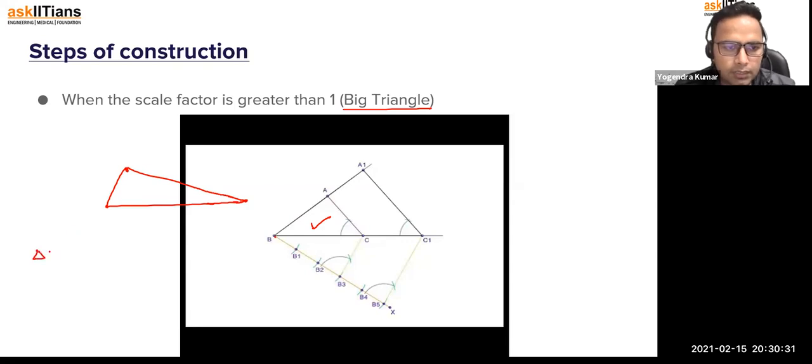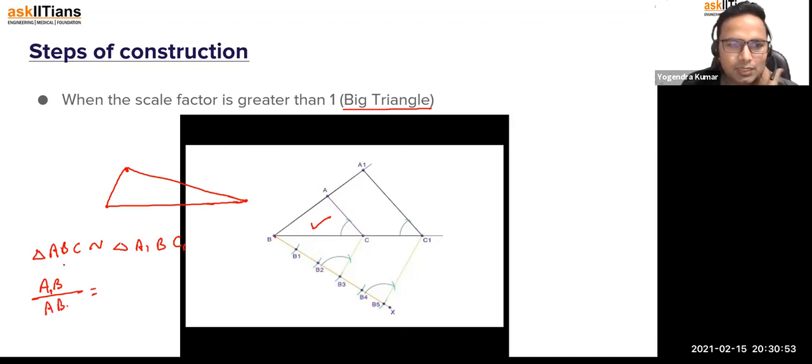Like if I say triangle ABC is similar to triangle A1BC1, what is the ratio here? You can see clearly A1B by AB will be equal to what? Because they are similar triangles.